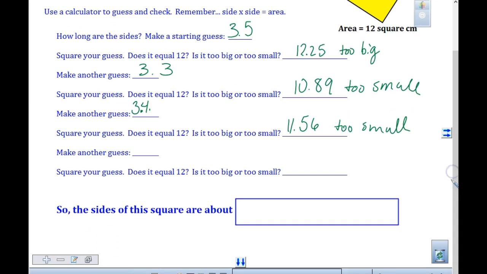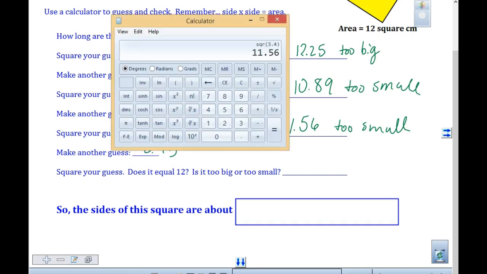Next guess. What are we looking at? Maybe 3.45. If we are looking at 3.45, how'd you guys do? How close are we? 11.9. 3.45, that's pretty close, right?